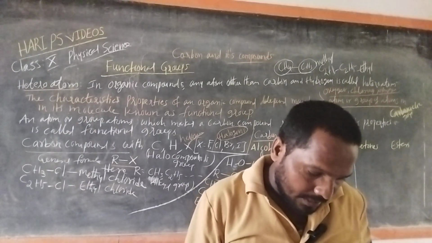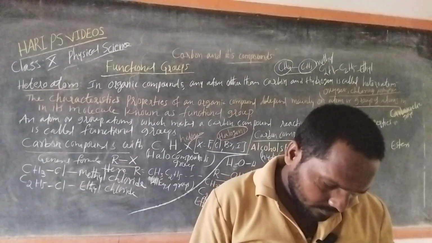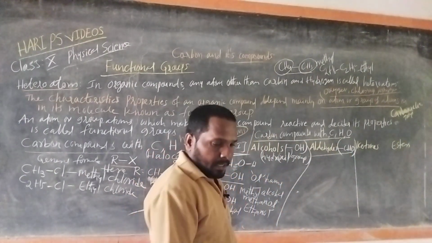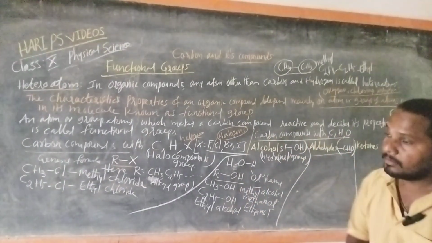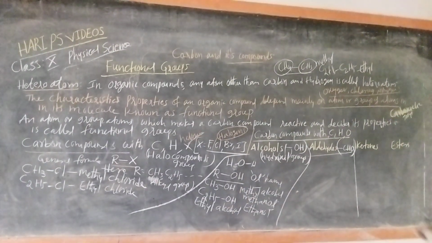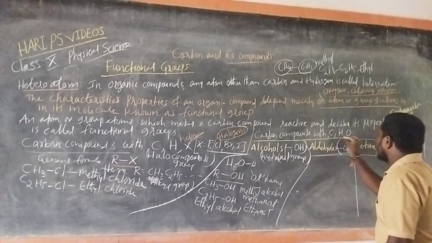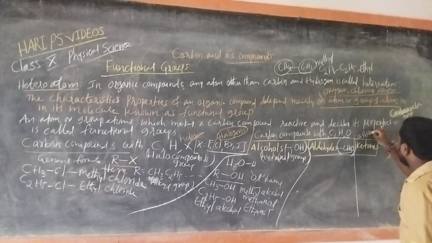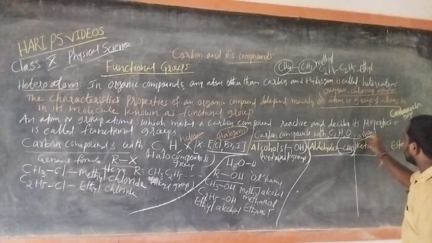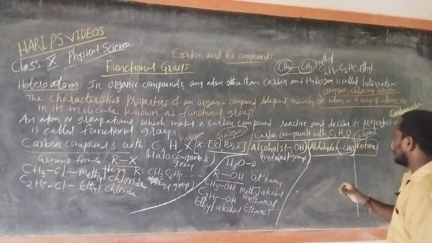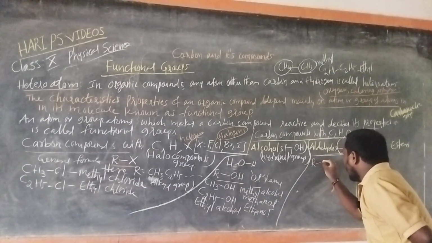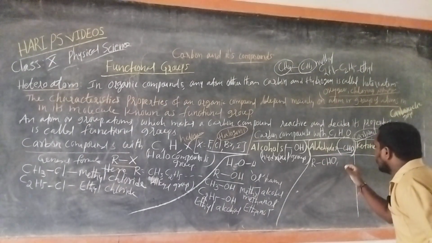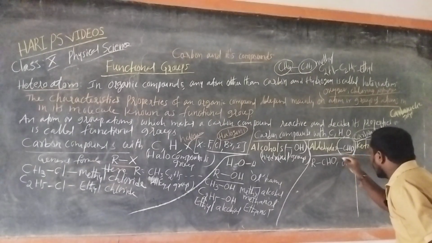Simply we can call them aldehydes, or the carbonyl group together. Aldehydes and ketones together are called carbonyl. General formula RCHO. It is pronounced as al.